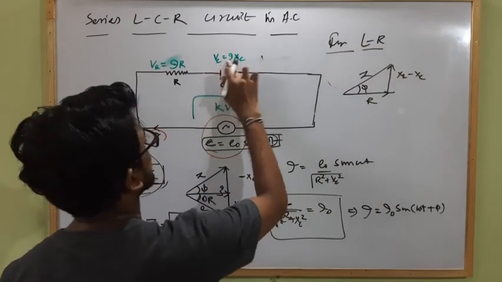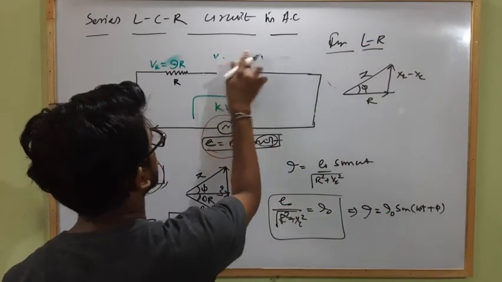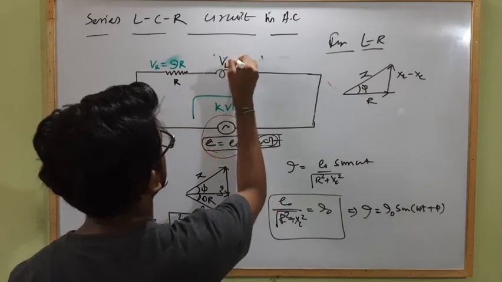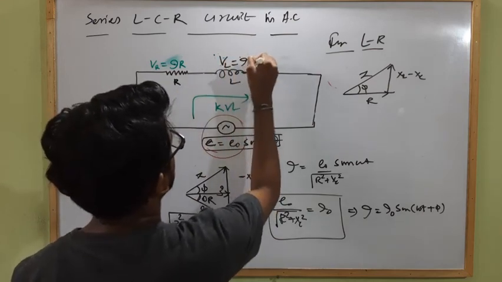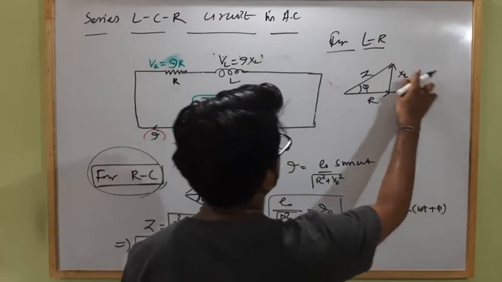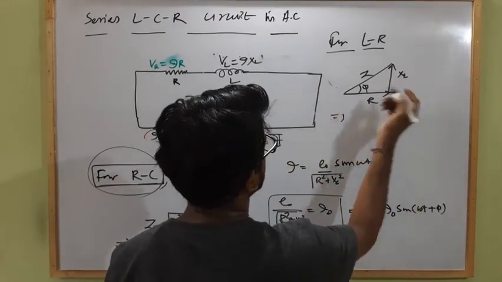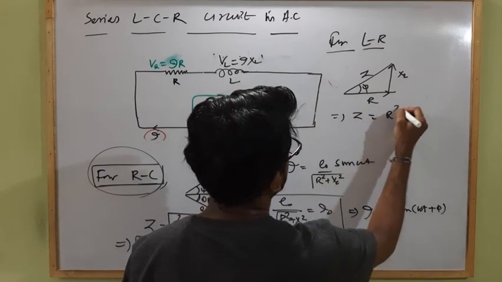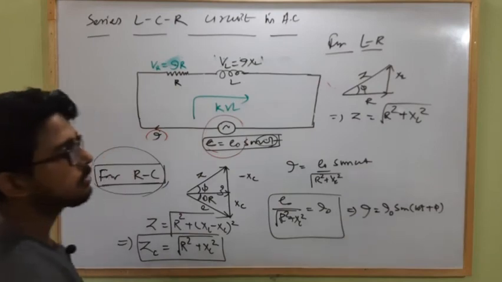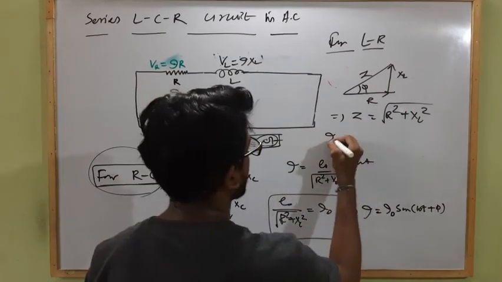LR. That means the capacitor is absent. There will be an inductor. This is the LR circuit. Here VL equals I into XL. So C will become 0. So this will be how much? Z equals the square root of R square plus XL square. And similarly, I will be how much?